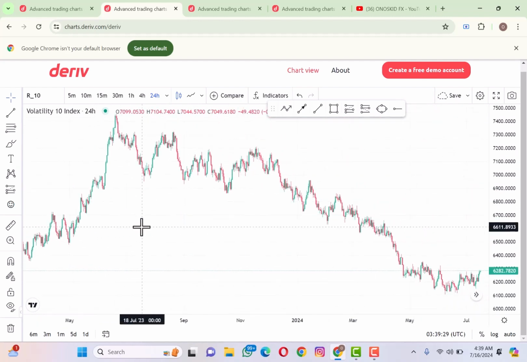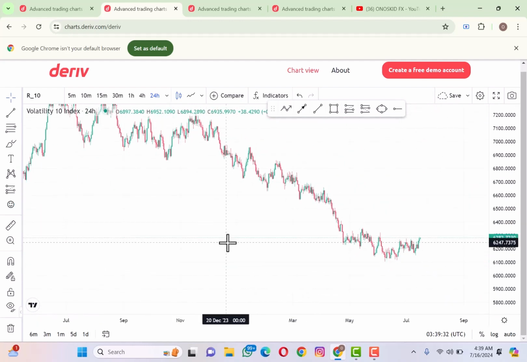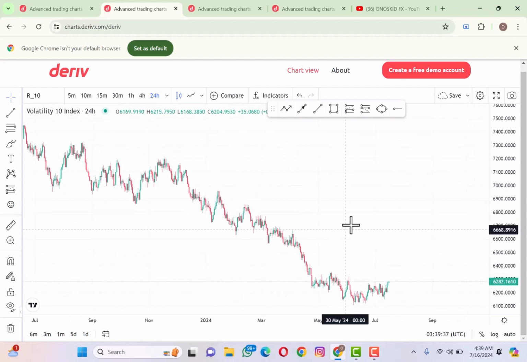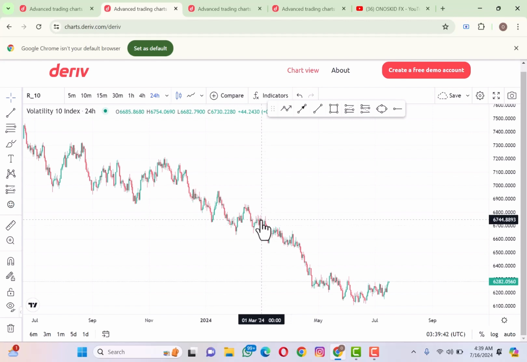The second reason why I select this pair, which a beginner trader should look out for, is because of the lot size. I understand that many beginners coming into trading, or those who have been trading currency pairs and want to make a switch to synthetic trading, the first thing they want to do is what? They want to trade with a smaller amount of capital just to test their strategy.